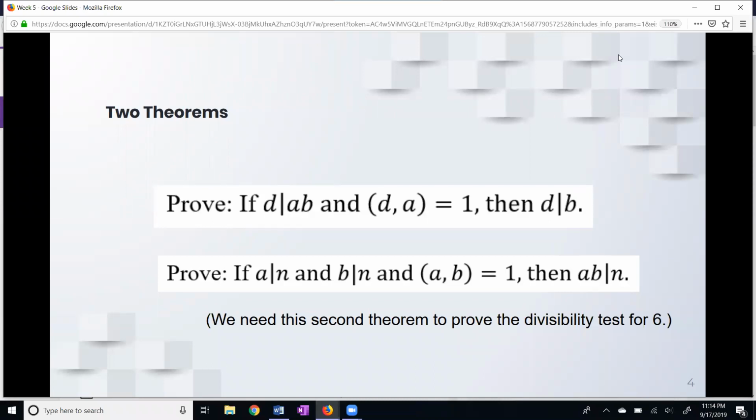The second theorem says that if A divides N and B divides N, and A and B are relatively prime, they don't have any factors in common other than 1, then A times B divides N. And we are going to need this second theorem in order to prove the divisibility test for 6.